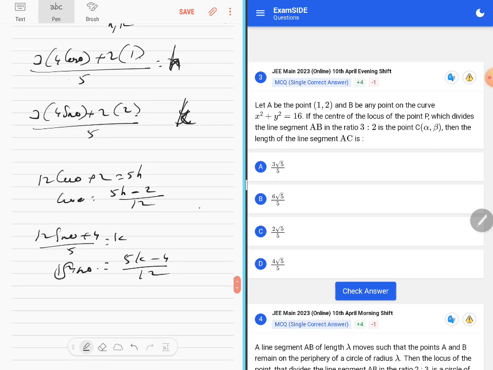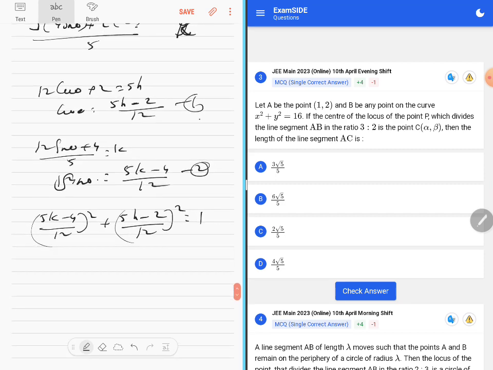So therefore, you know sin square theta plus cos square theta is equal to 1. So ((5k minus 4) by 12) the whole square plus ((5h minus 2) by 12) the whole square is equal to 1. So on expanding, you will get one equation with h and k, which is (25k square minus 40k plus 16) by 144 plus (25h square minus 20h plus 4) by 144 is equal to 1.